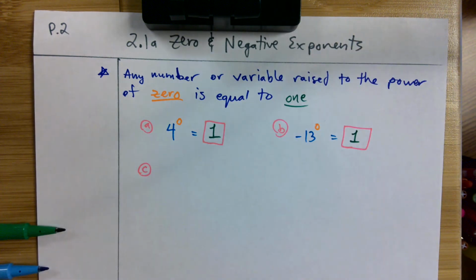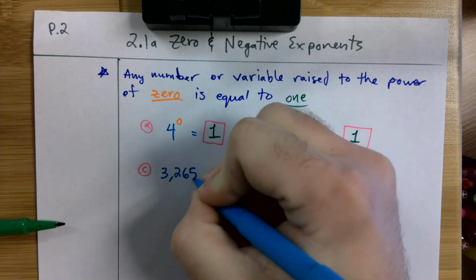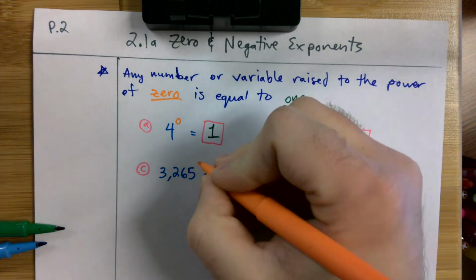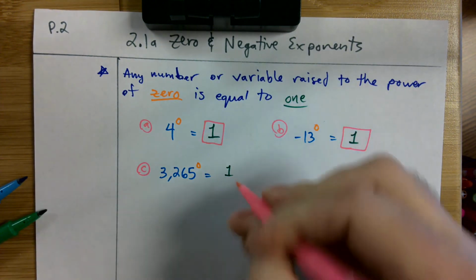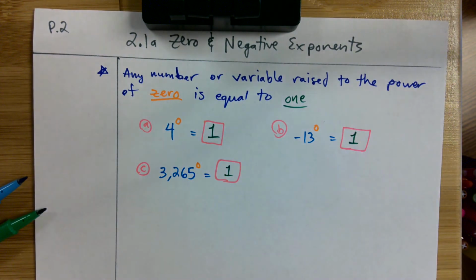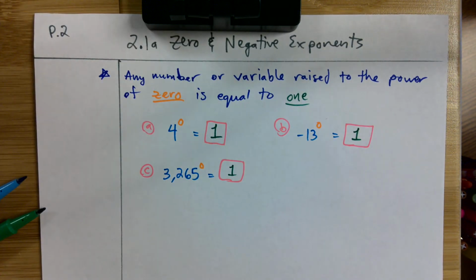If we have 3,265 raised to the power of 0, again, that equals 1. And please also write down all these examples, because you may think you won't forget that anything raised to the power of 0 is equal to 1, but you might accidentally misremember it as equaling 0. That happens more than you would think. So please make sure that you're writing all this down.